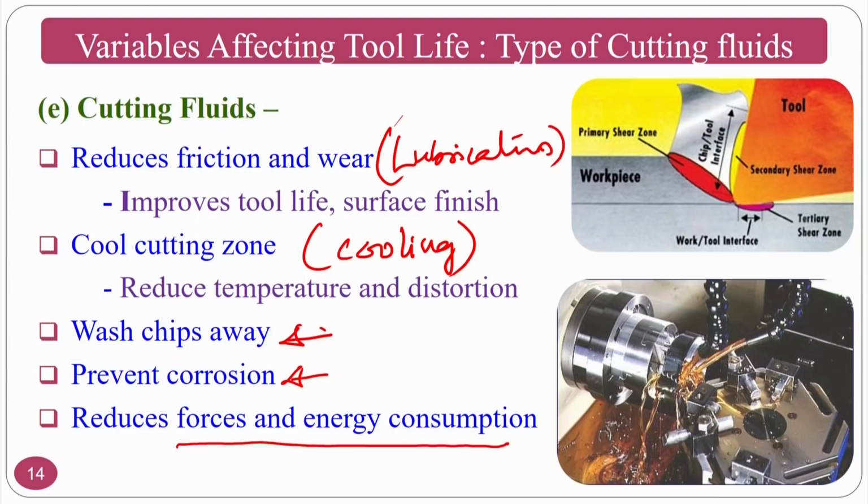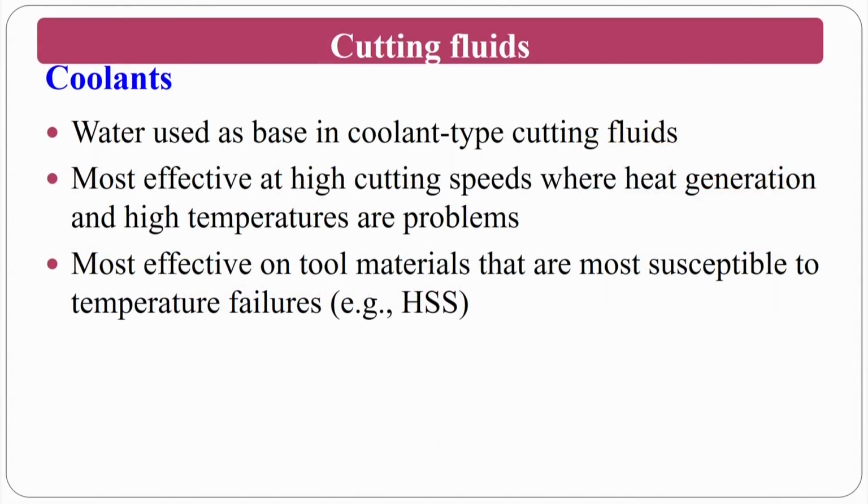We have seen already that power consumption equals Fc into V. So if proper lubrication is there, the cutting force will be reduced. If the cutting force reduces, normally the power requirement goes down. That is about the cutting fluids. Now cooling properties. Normally if I want dominating cooling properties, water is used as the basic coolant type.